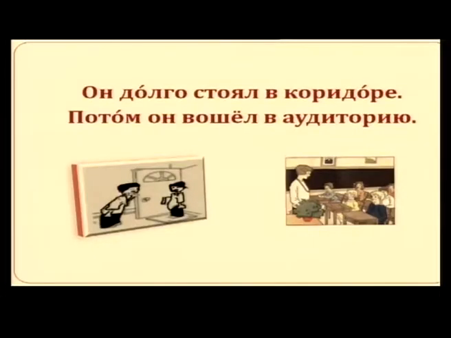Let us now go to several other examples, so that we can understand the usage of "v" and "vy" in a more efficient manner. Please pay attention to the expressions. "Он долго стоял в коридоре, потом он вошел в аудиторию". Here we have used "вошел", which means he entered the auditorium.